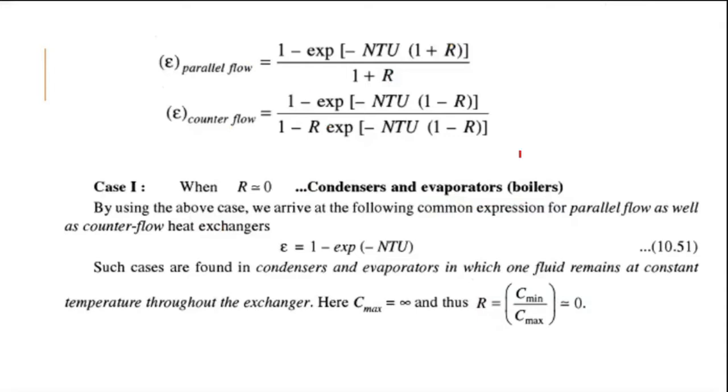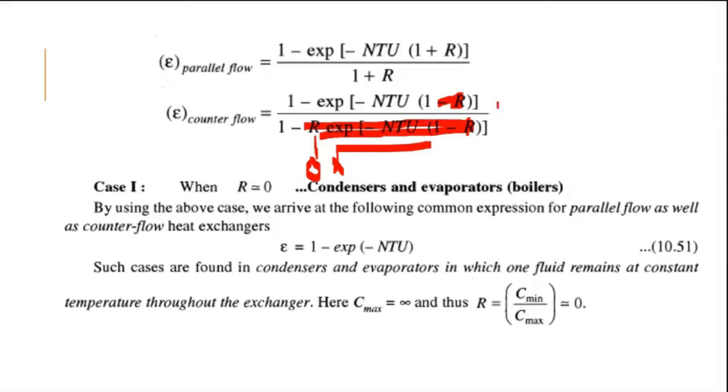Similarly, for a counter flow heat exchanger, if we put R value equal to 0, here this term is gone, here this term is gone, and also this R term will be equal to 0. 0 multiplied by anything is going to give me 0. So this entire term will be gone.